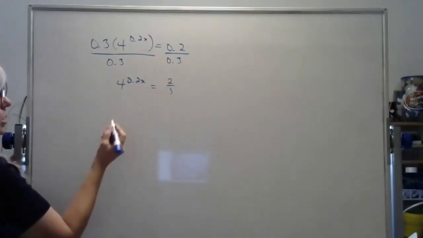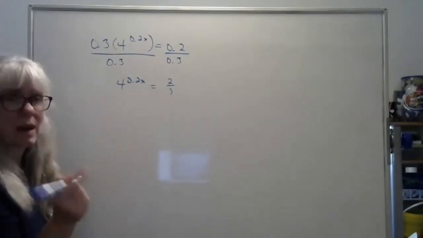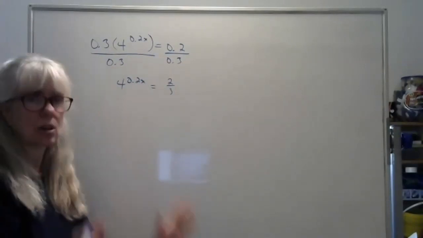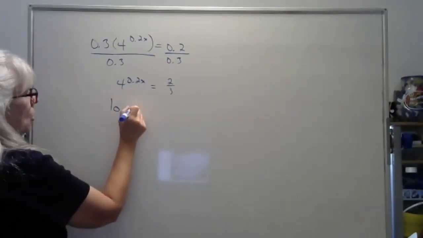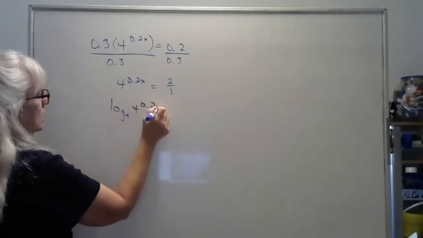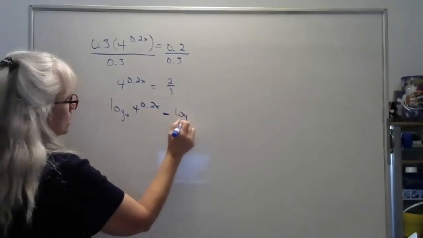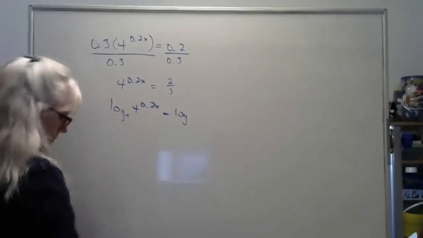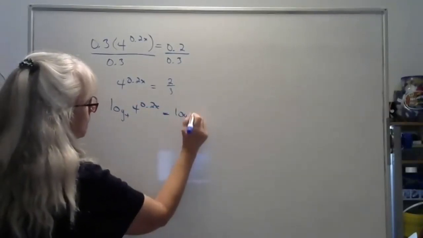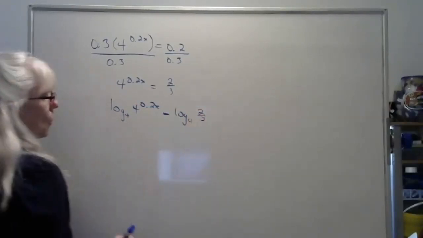Okay, now we'll come and take the log of both sides. I'm going to use log base 4 just to be different and to show you that it works. So we're going to take the log base 4 of 4 to the 0.2x equals the log base 4 of 2/3. Why did I do that?